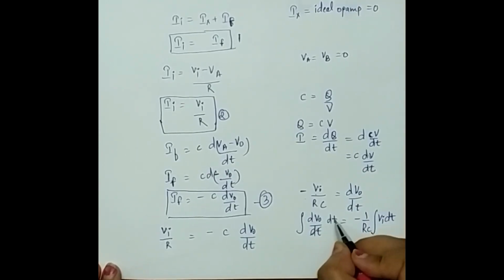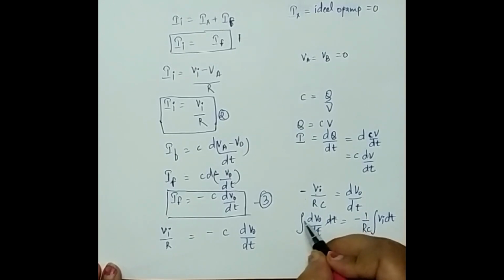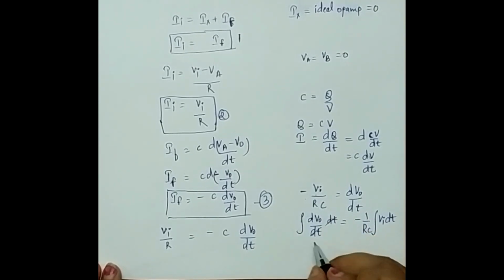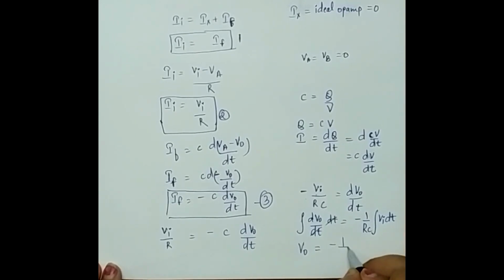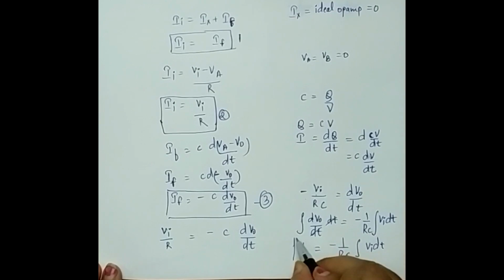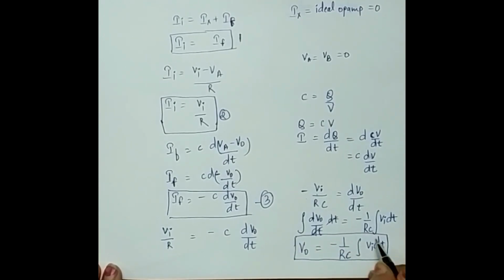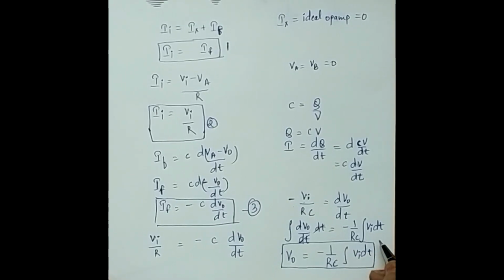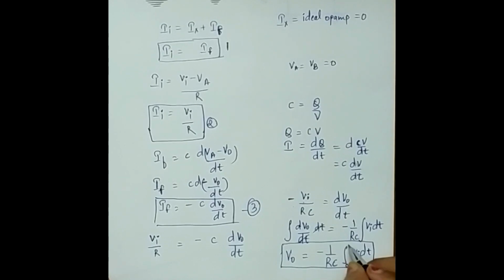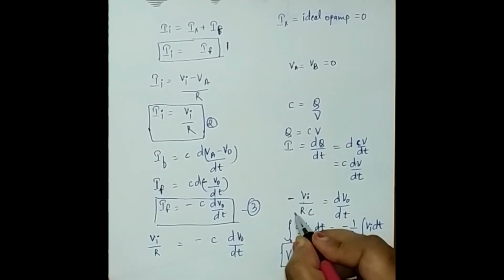Now the dt and the d and integration get cancelled. So V0 equals minus 1 by RC integration of Vi into dt. So my output voltage is the integration of the input voltage. Hence my circuit is acting like an integrator, and you should put the limits from 0 to t.